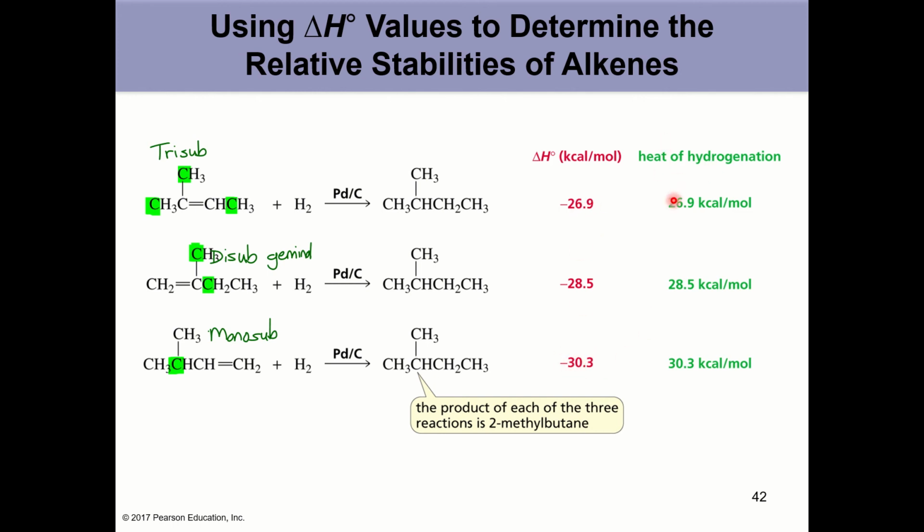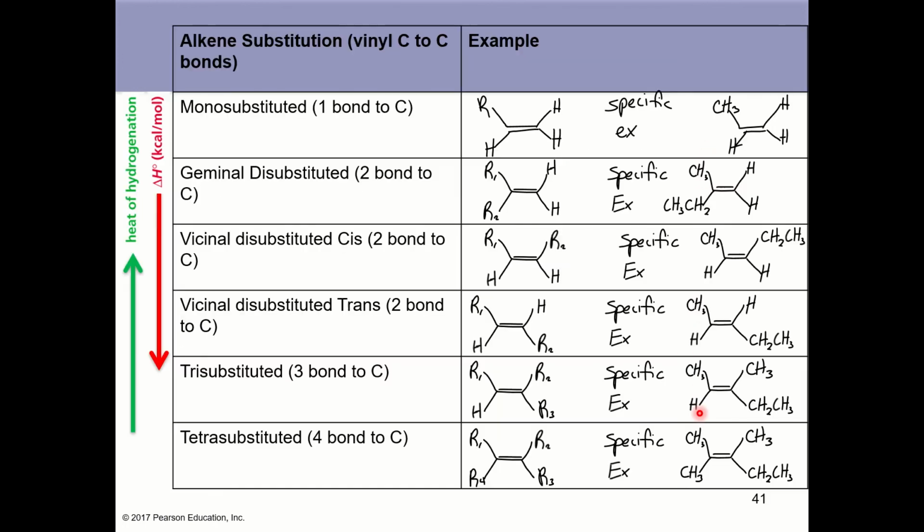And then the heat of hydrogenation, 26.9 from the tri-substituted to 30.3 for the mono-substituted. That means that the heat of hydrogenation is increasing as we move towards the mono-substituted. So as you get more substituted, heat of hydrogenation decreases.